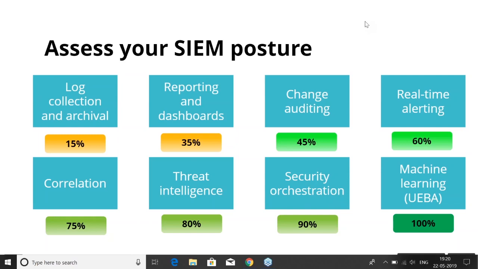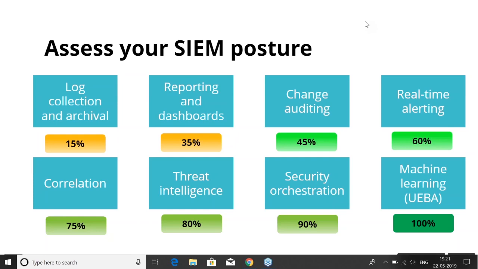And then to get more use of the collected logs, you look at reports and dashboards. So I've just marked that as, say, 35% of where you need to be. And then by implementing change auditing to track changes, you become more secure. And then by implementing real-time alerts, that helps you go a long way in detecting security incidents.